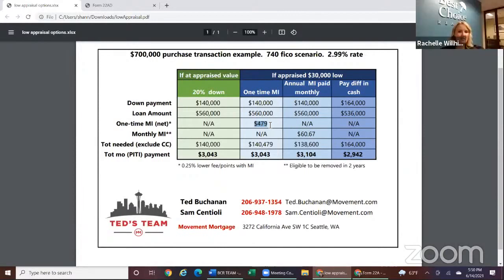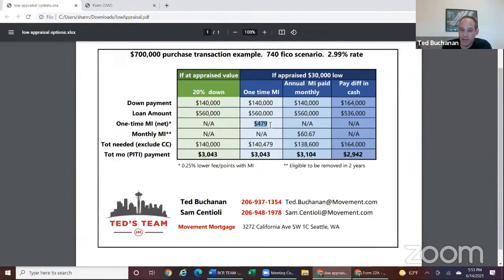So do you give this sheet to the borrower, Ted? If we get into a situation where the appraisal came in low, even if we didn't have the 22 AD, do you then provide them with some options? Usually with the agents I work with, this would be a phone call. We get on a Zoom call or a three-way call, and there are a few different breakpoints involved.